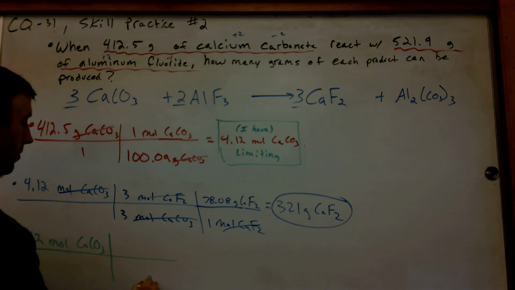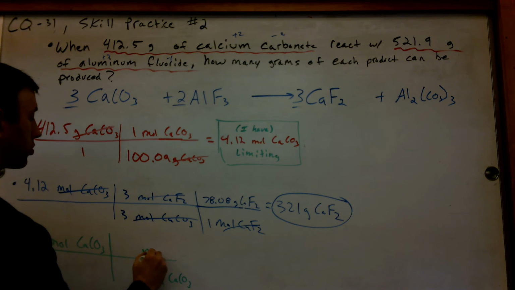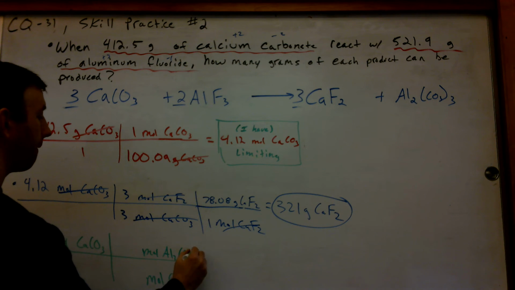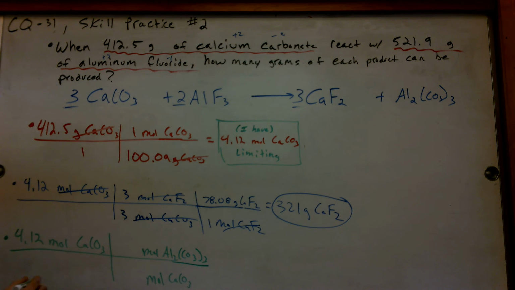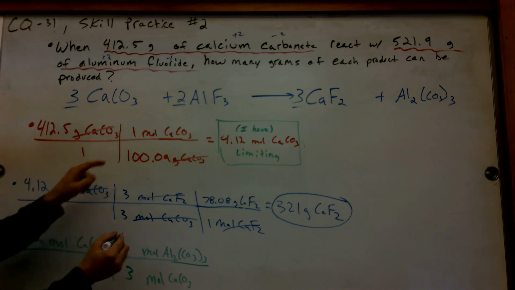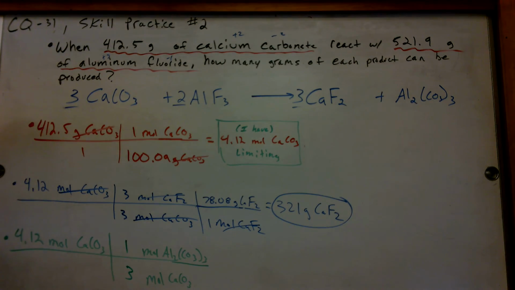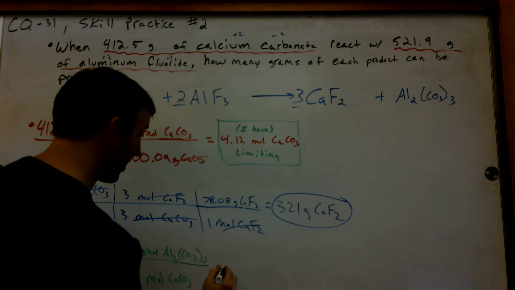This time I'm going to go from moles of calcium carbonate to moles of aluminum carbonate, and my ratio is 3 moles of calcium carbonate to 1 mole of aluminum carbonate, so I am going to have to divide in that step.